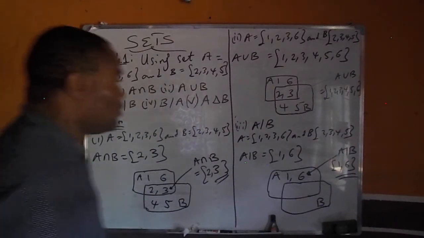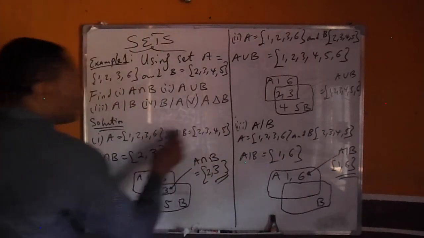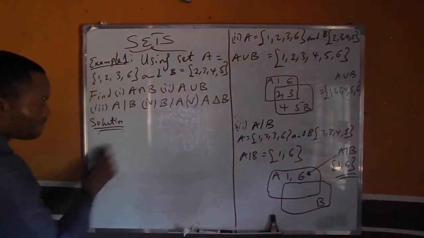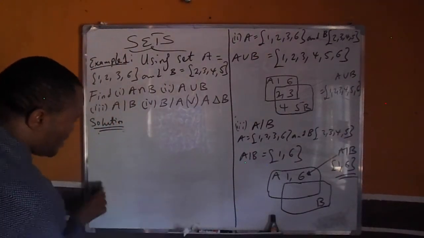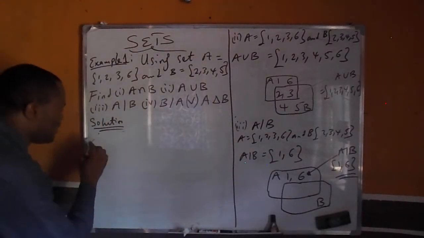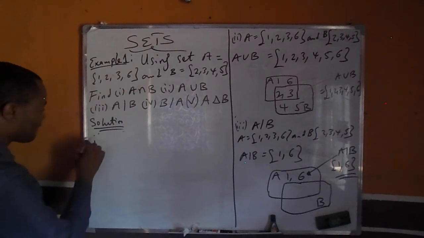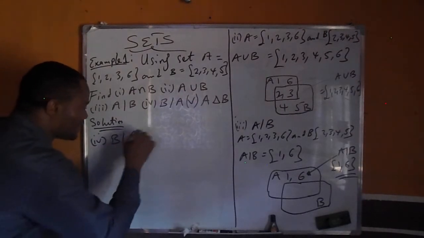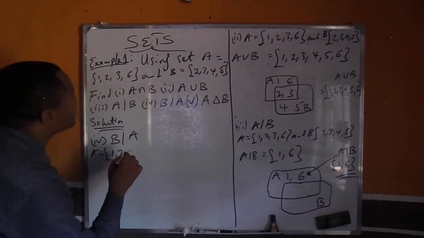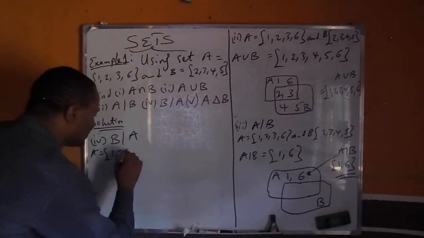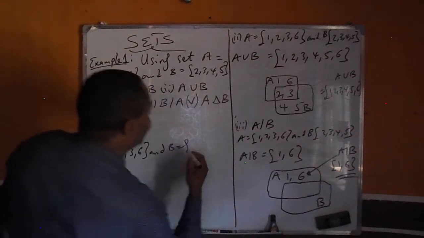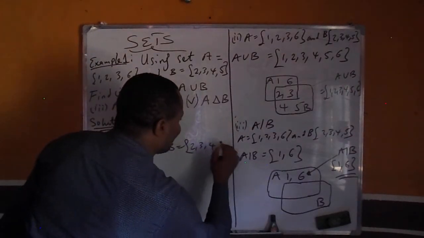Now, we move to Roman figure 4. Roman figure 4 says B without A. B without A, where A equals 1, 2, 3, 6, and B equals 2, 3, 4, 5.